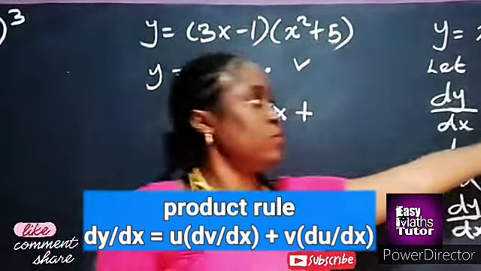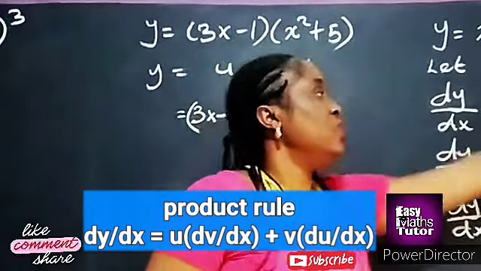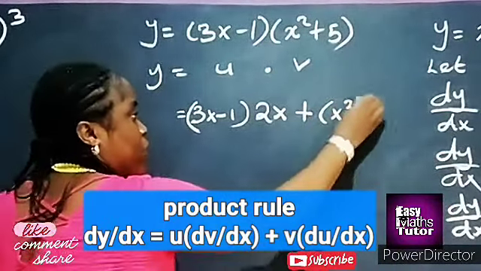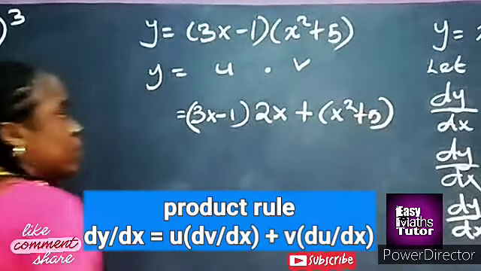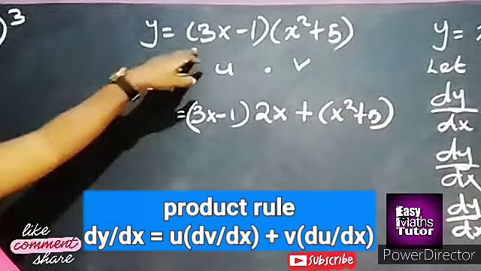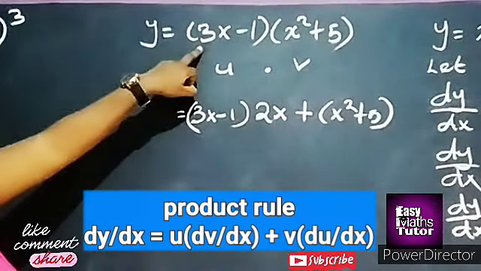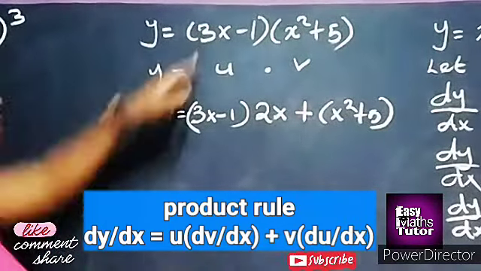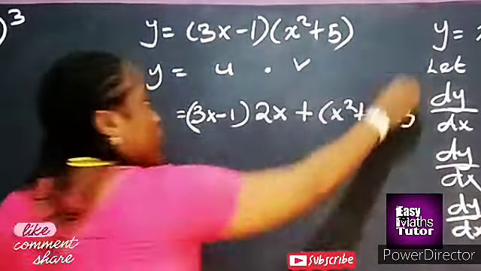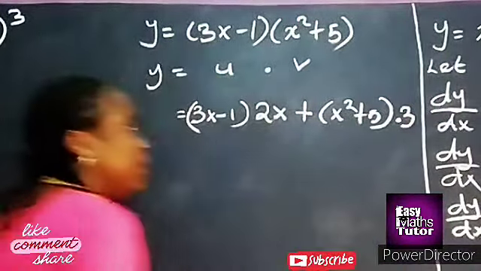Plus, that's the formula, v du. v is x squared plus 5, right? And the differential of u is 3, right? So we're going to write 3 somewhere here.